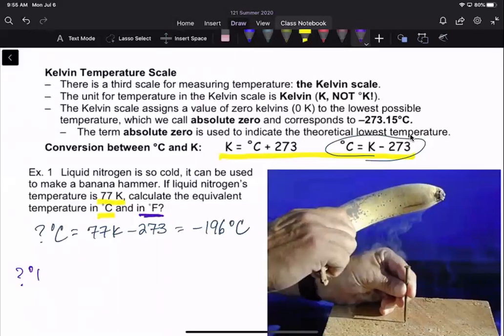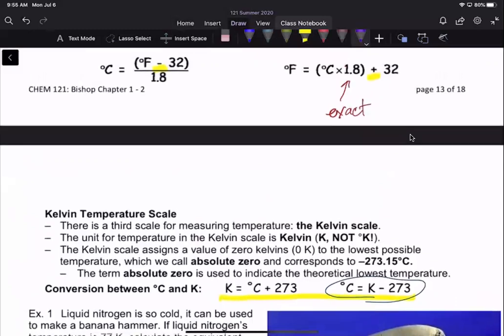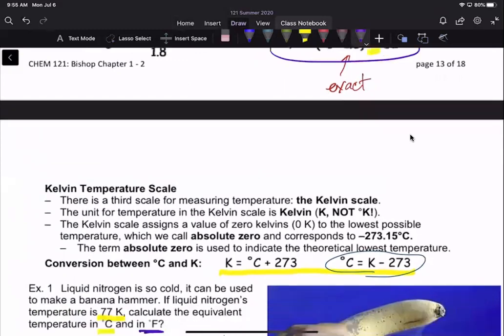All right, now we're going to go to Fahrenheit. How many degrees Fahrenheit equals negative 196 degrees C? Well, let me look up at those formulas here, and I'm going to use this one. So I'll multiply by 1.8 and add 32.